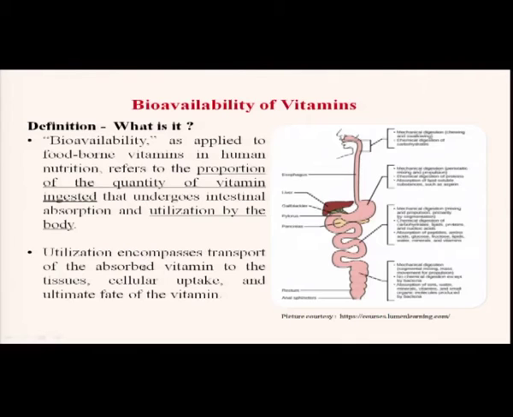So when we say utilization, it means it's getting really into your system, it's been utilized by cells, by tissues. Okay, ultimately the fate of the vitamin. See, always remember, anything that we take, the macronutrients or micronutrients, would be finally broken down and utilized by our system, and once the job is done, it would be metabolized and eliminated.